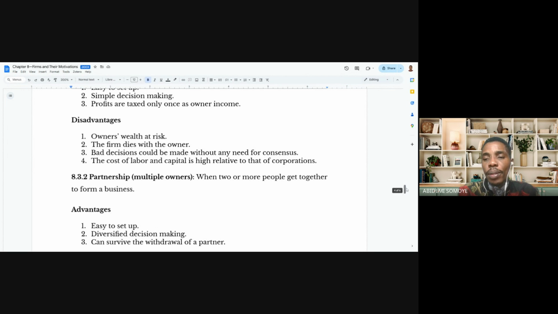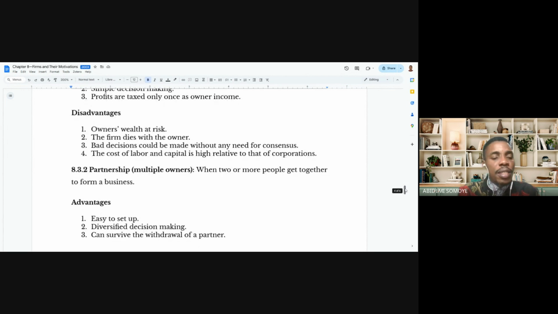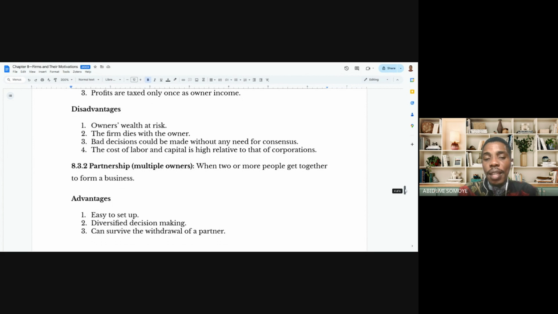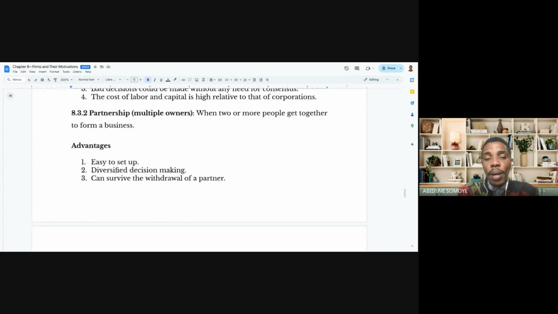So what about partnership? Partnership is kind of similar to the sole proprietorship, but the difference is that a partnership is when two or more people come together to form a business. Okay, and its advantages are very similar to a sole proprietorship: easy to set up, diversified decision making, can survive the withdrawal of a partner.